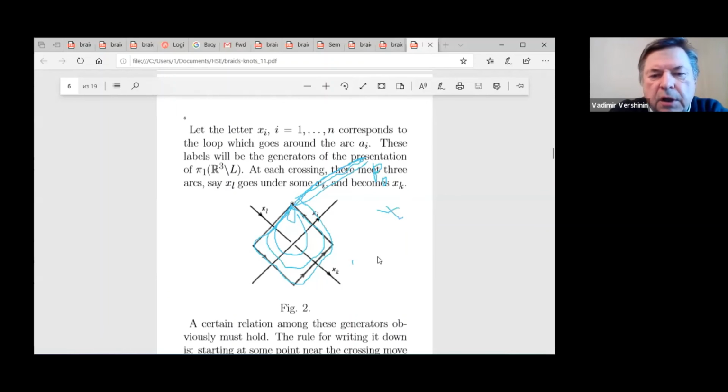The problem is in the proof, as usual, to see that there are no other relations. This is as usual in the group presentation. Relations you can obtain more or less by these or those arguments, but to show this you need some heavy artillery, and this is the theorem that I mentioned.